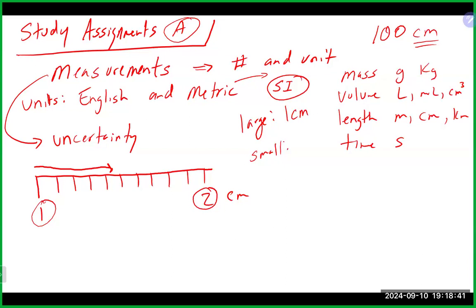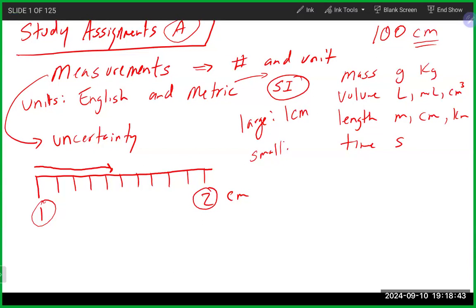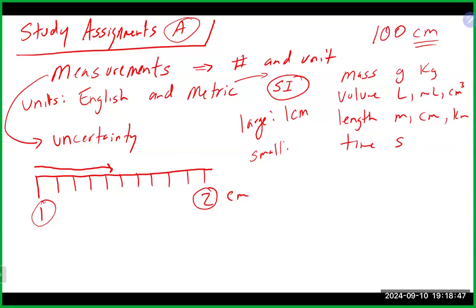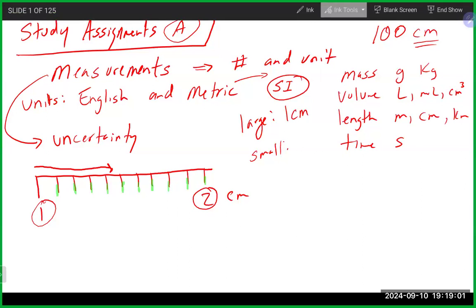You then want to count the small markings between the two large markings. You always want to start counting after the previous large marking. So that's 1, 2, 3, 4, 5, 6, 7, 8, 9, and 10. So there are 10 markings between a 1 centimeter difference.